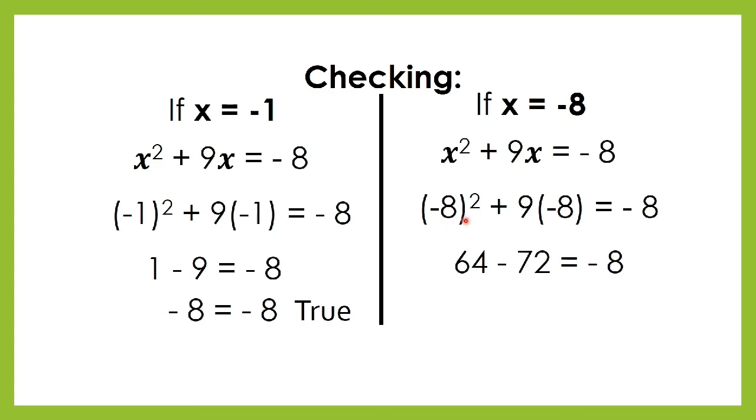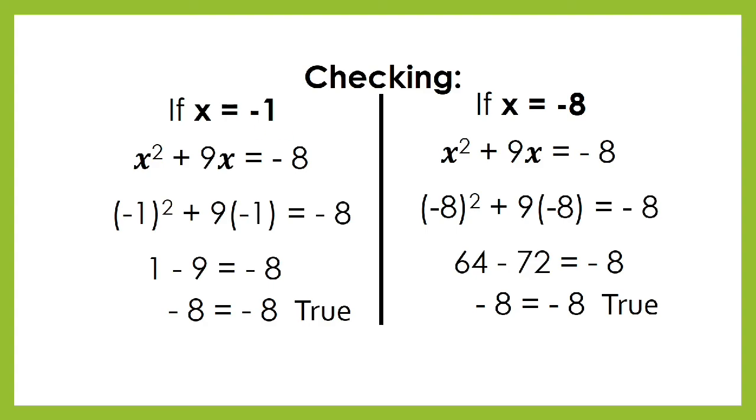Negative 8 squared is 64. Positive 9 times negative 8 is negative 72 equals negative 8. 64 minus 72 is negative 8 equals negative 8. They are equal, therefore, that is true.